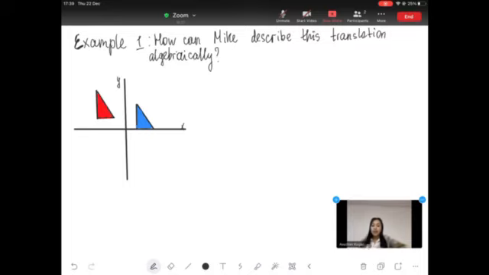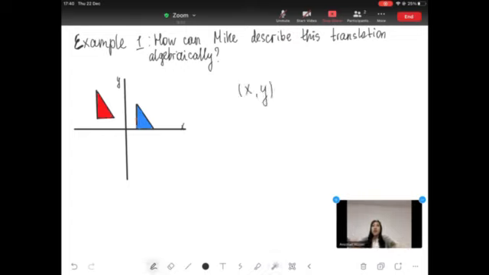Example 1. How can we describe this translation algebraically? Solution. Let the orange triangle be the pre-image and the blue triangle be the transformed image. Represent it on the coordinate plane as x and y.